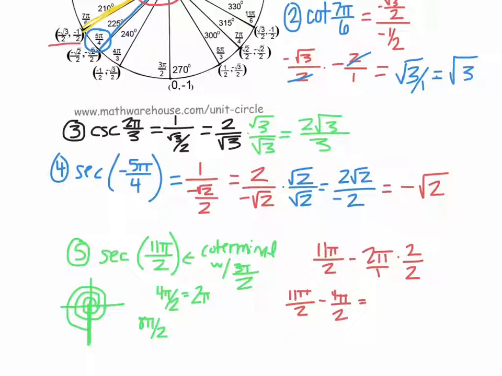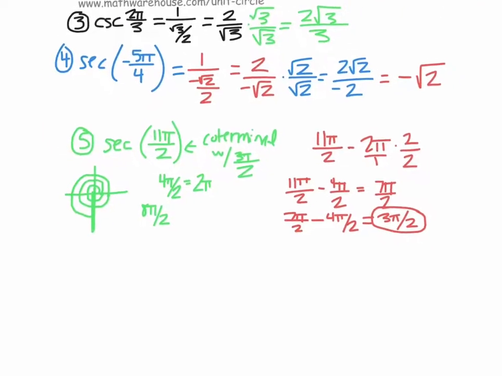And when you do that, you get 7 pi over 2. And then you realize 7 pi over 2 is still too big. And so you subtract 4 pi over 2 again. And this time you get 3 pi over 2. And so you're like, oh, okay, 3 pi over 2. That's on the unit circle. I know what that means.